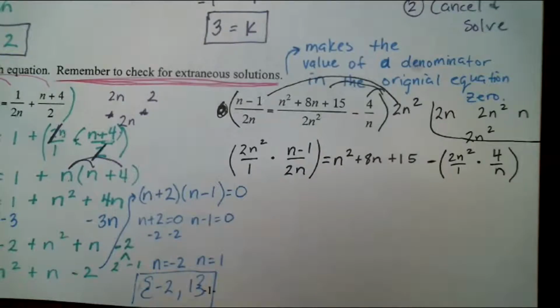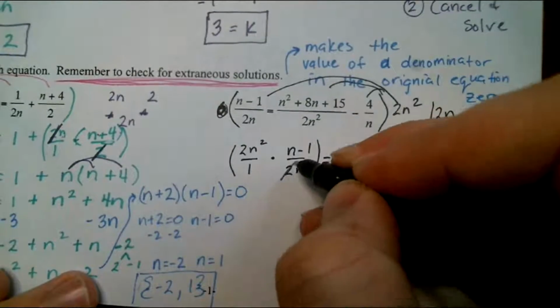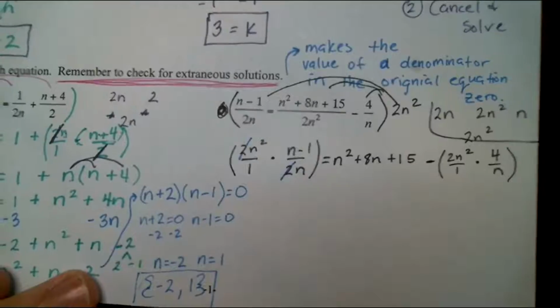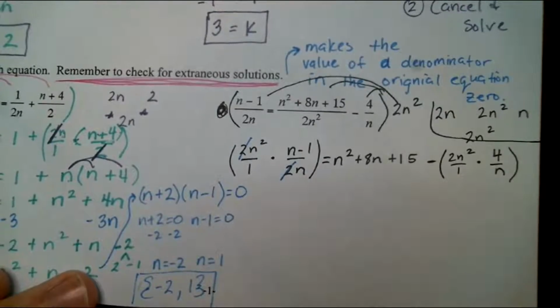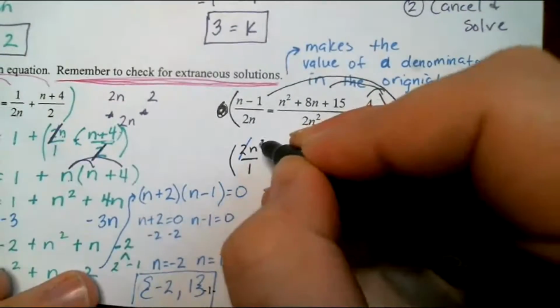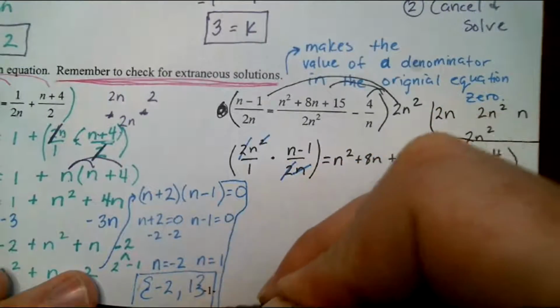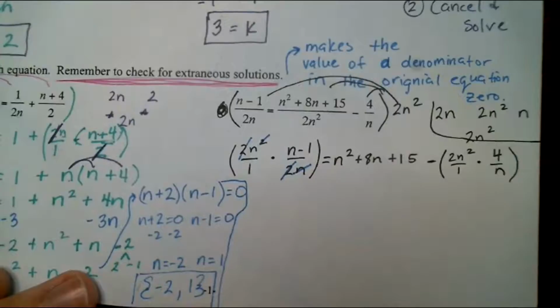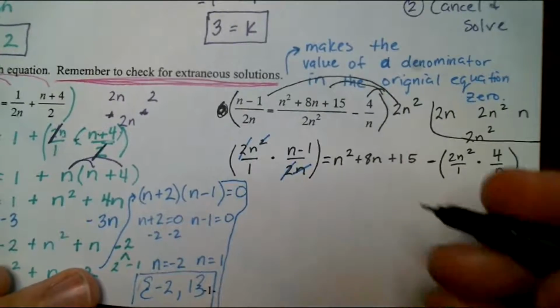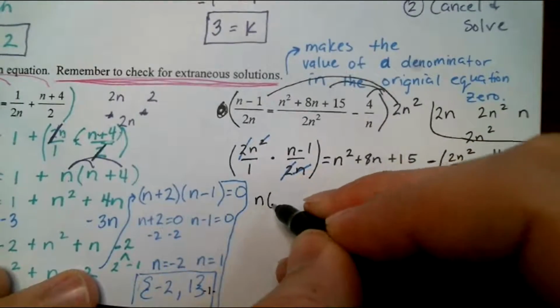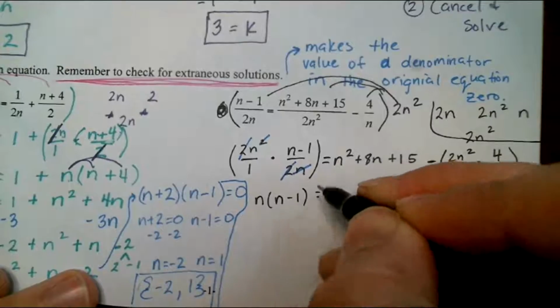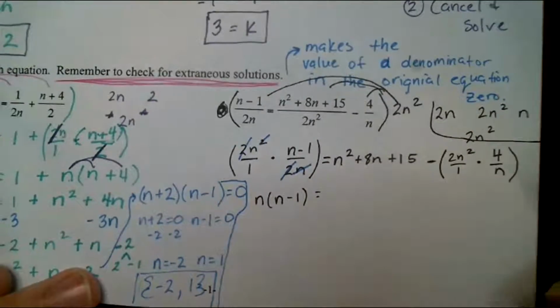And then we just clean up everything. All right, so here we go. The 2's cancel. This n and that n cancel. Let me draw a little line of divide here. And that takes me to this, n times n minus 1. Now, some of you just want to distribute that. I just write it like that to start.